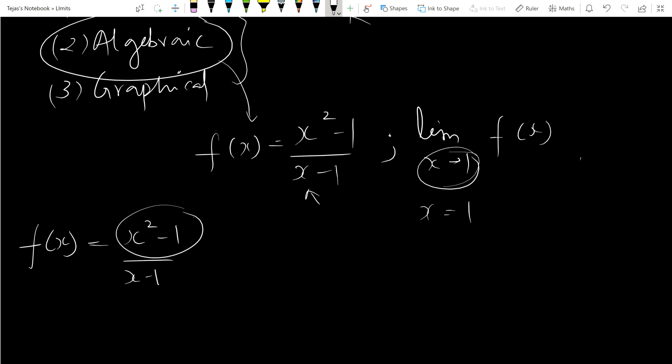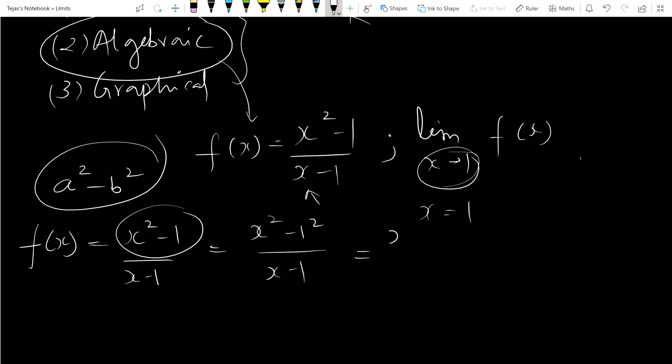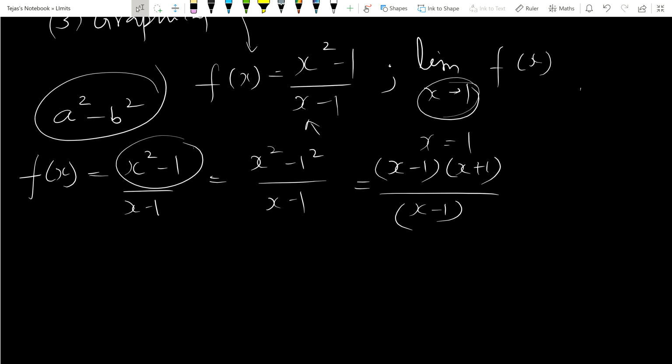Here this function is basically a square minus b square, where you can write x square minus 1 square upon x minus 1, and you know the formula of a square minus b square is x minus 1 and x plus 1 upon x minus 1. So you cut x minus 1 and x minus 1, and you get the function here is x plus 1.